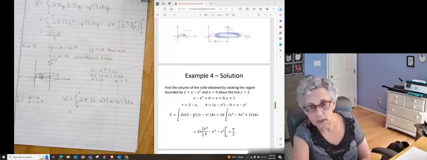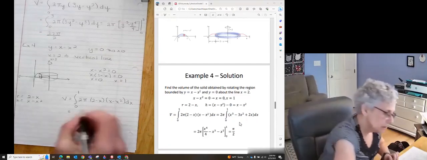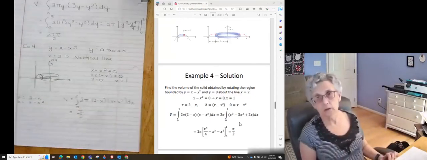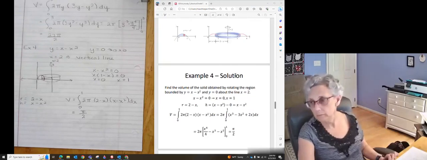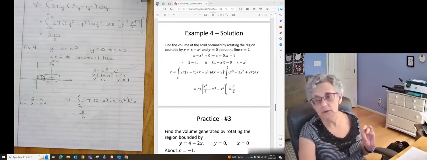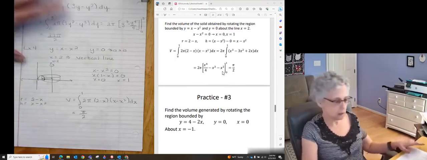We had the radius, 2 minus x, times the height. We did some algebra, we did some calculus, and we get pi over 2. Most of these on test day I'm going to let you do with your calculator. You will be required to do a couple of them by hand.